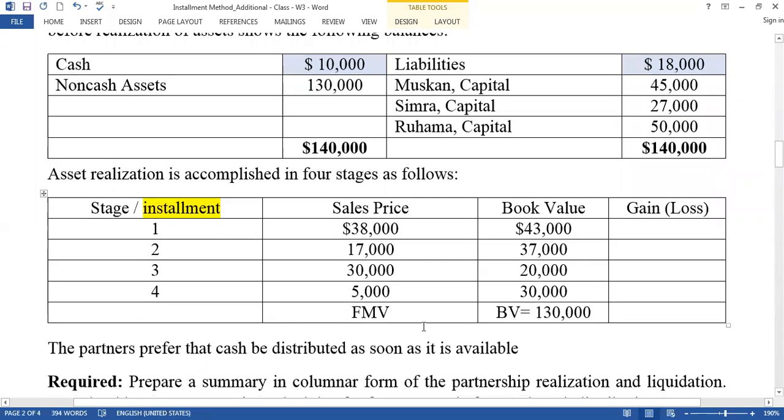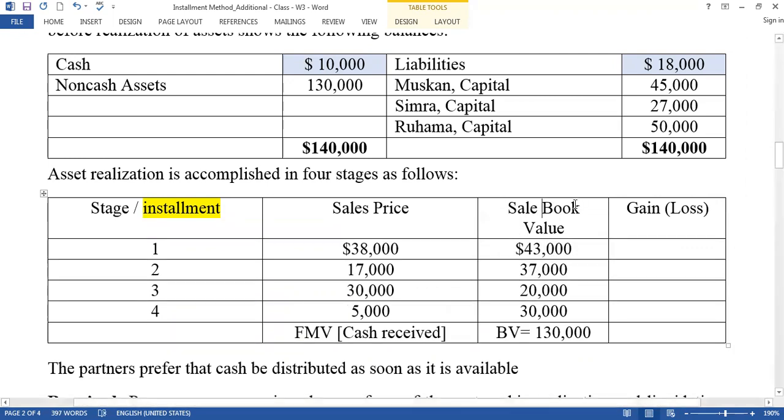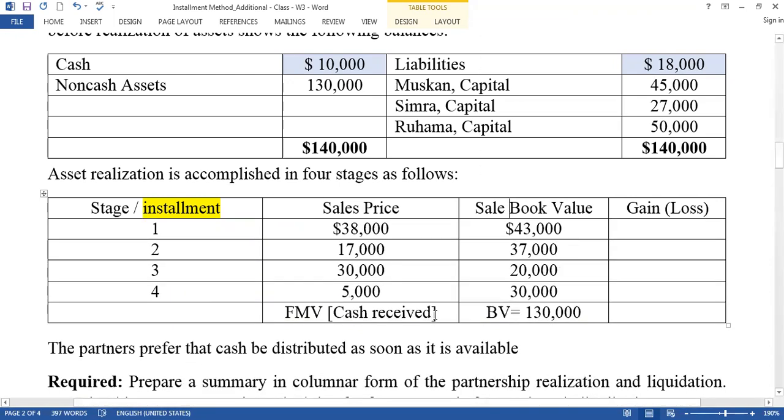Fair market value means cash received from the market. We sell our book value, and we receive cash from the market.